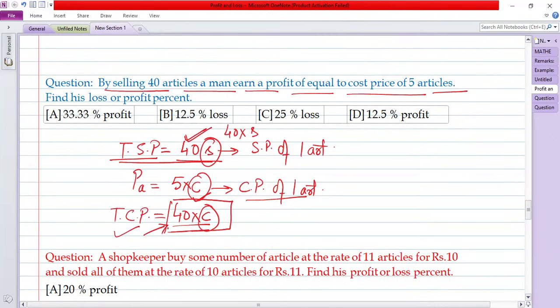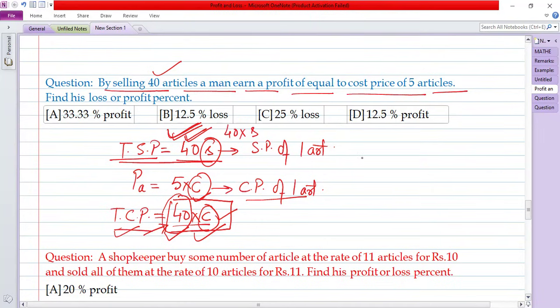Put in simple language, if at one time I am selling 40 articles, then somewhere back in time, I must have bought 40 articles. So what will be the total cost price of 40 articles? It will be 40 into C, because C is the cost price of one article.